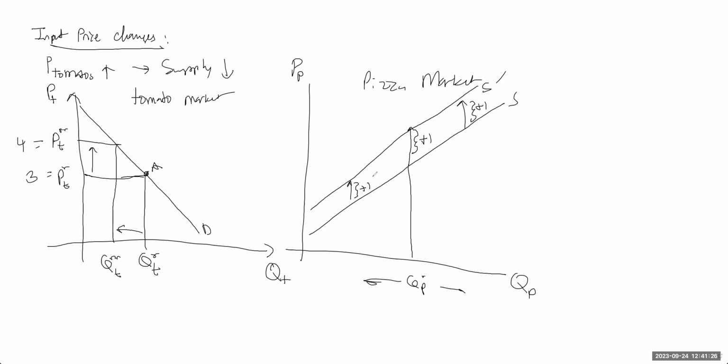Another way of looking at this is given a specific price that I'm going to charge for pizza. Okay. Because tomato prices go up, we buy less tomatoes. I'm going to make less pizza. Okay.